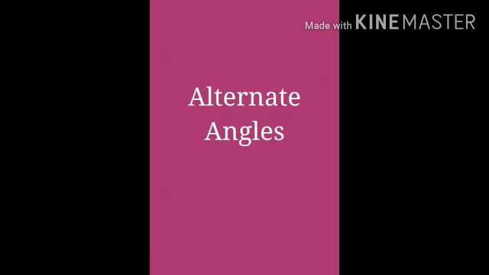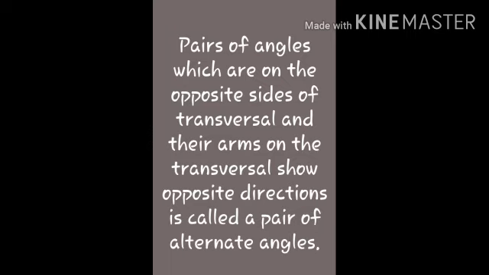Now we are going to study alternate angles. Pairs of angles which are on the opposite sides of transversal and their arms on the transversal show opposite direction is called a pair of alternate angles.